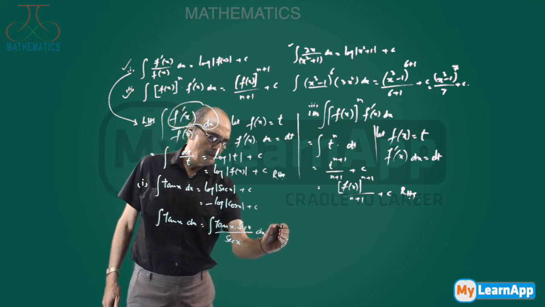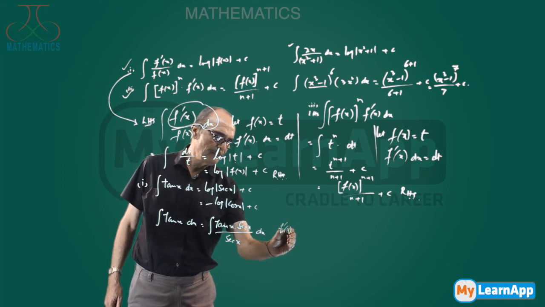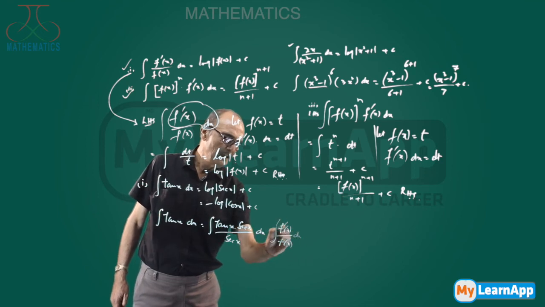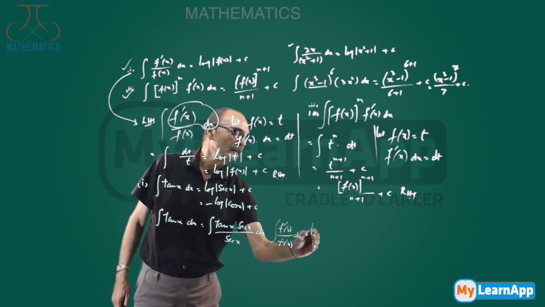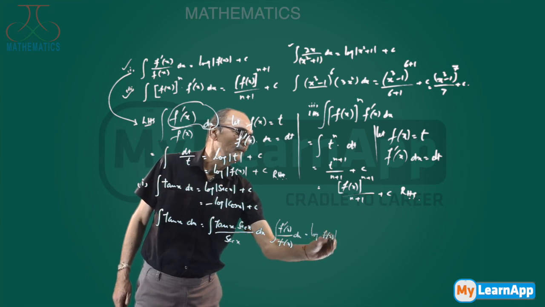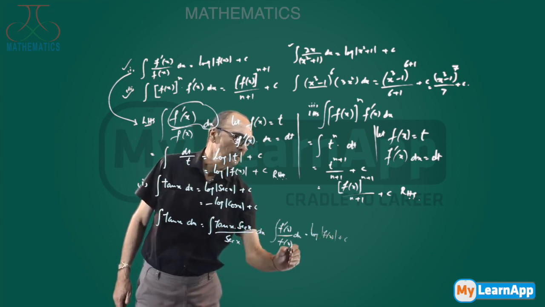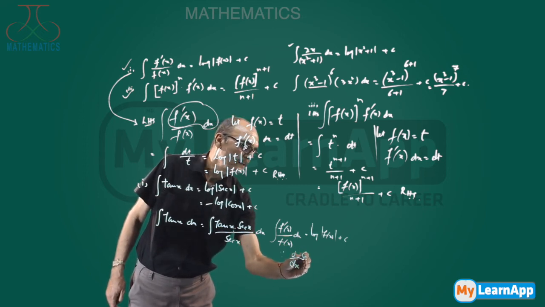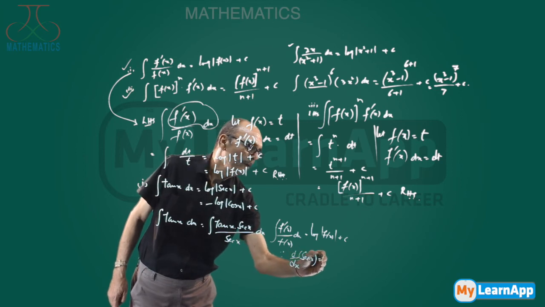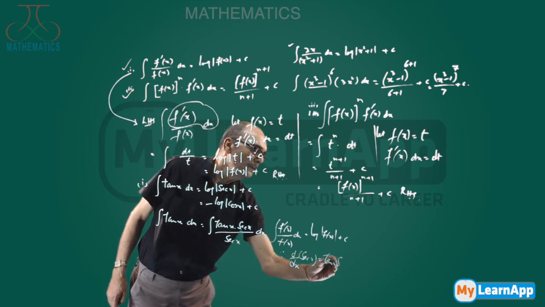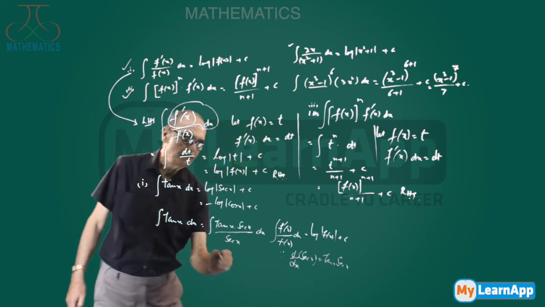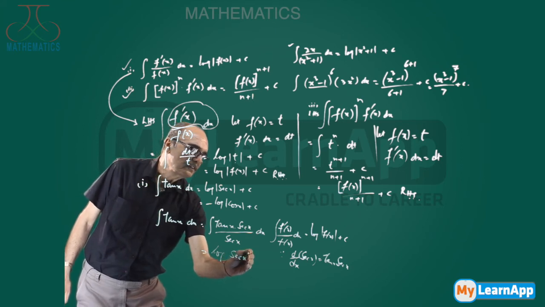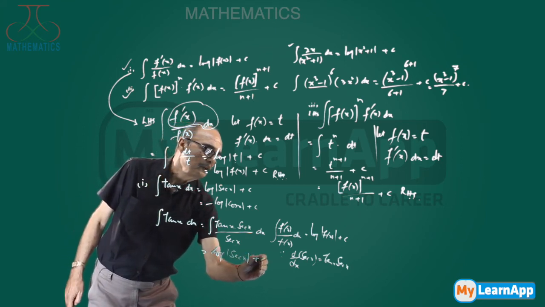We observe, we apply the formula integral of f dash x upon f of x d of x as log of f of x plus c. This is because the derivative of the denominator secant of x is tan of x into secant of x. So this is log of secant of x plus c. This is the first form.